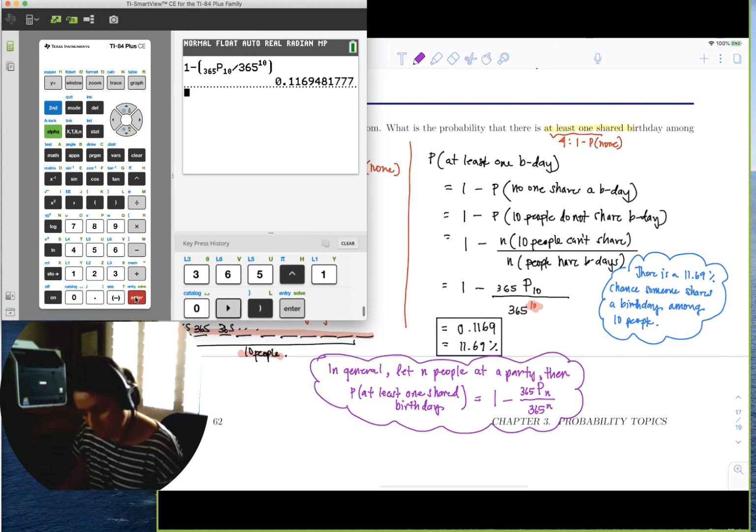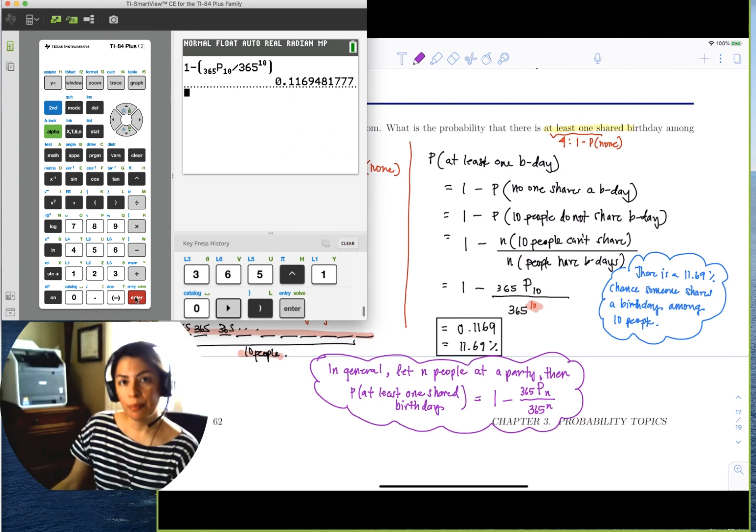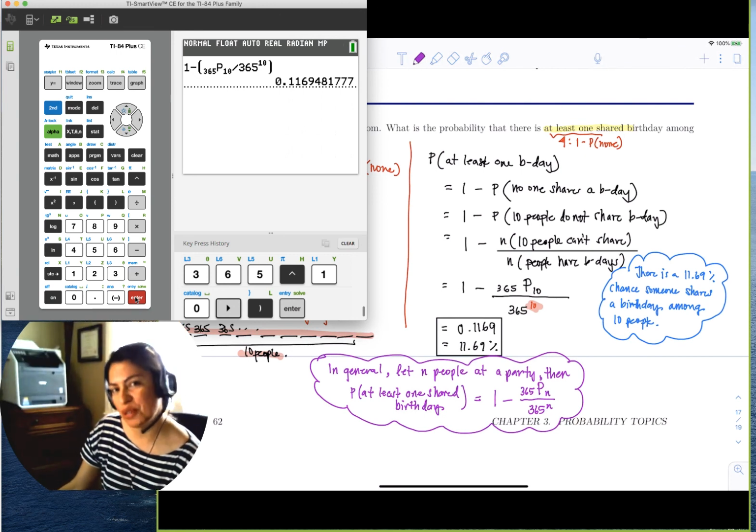So that's the general birthday formula for at least one person sharing a birthday with another person at a party.